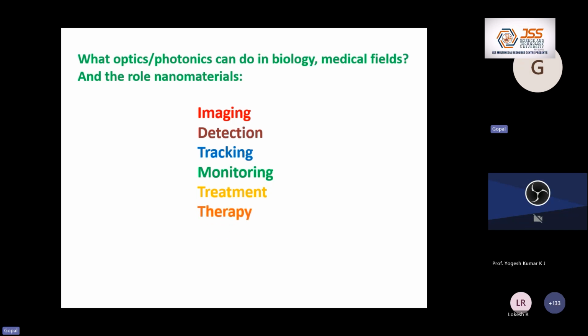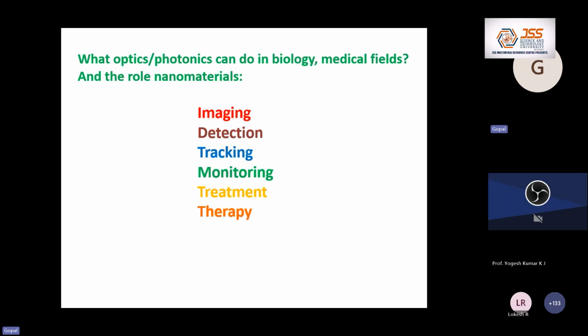When you use this nanomaterial for treatment and therapy, you can also image it, track it, detect it and monitor it. So this is how a nanomaterial is integrated with biophotonics such that useful information can be taken.